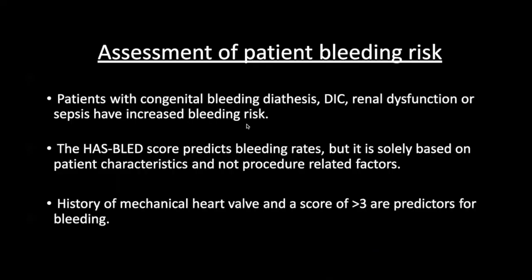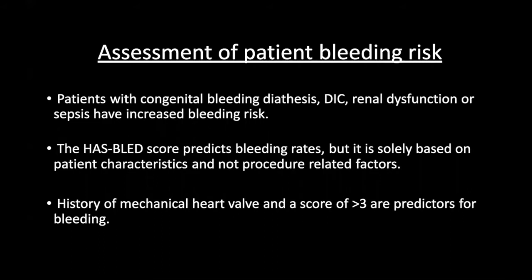So when we switch gears, you have to also be thinking about whether this patient has a bleeding risk. We've been talking about thromboembolic risk. So you have to assess whether these patients have some inherent conditions like bleeding diathesis, if they have DIC, if they have renal dysfunction, for example, patients who are on chronic dialysis, they have renal failure, patients who are septic, and all of this carries a risk of bleeding.